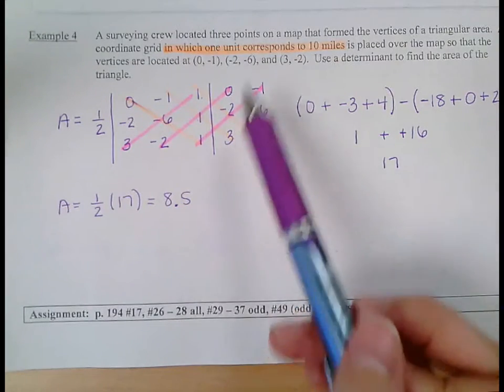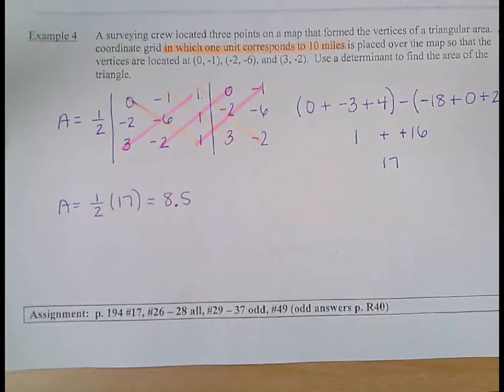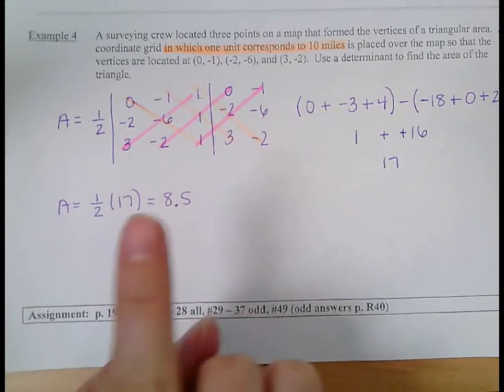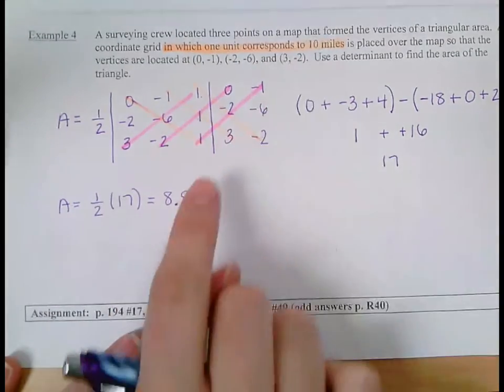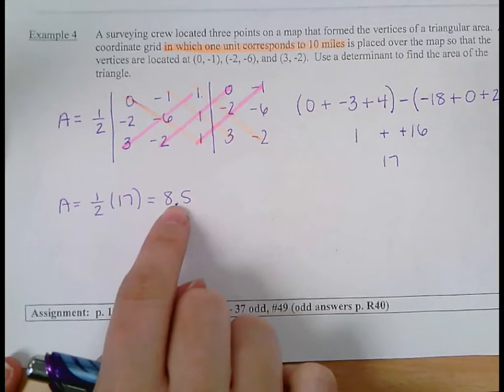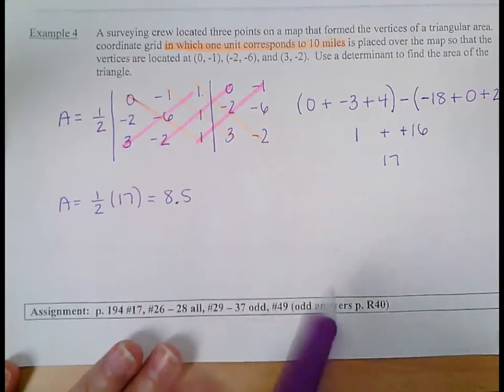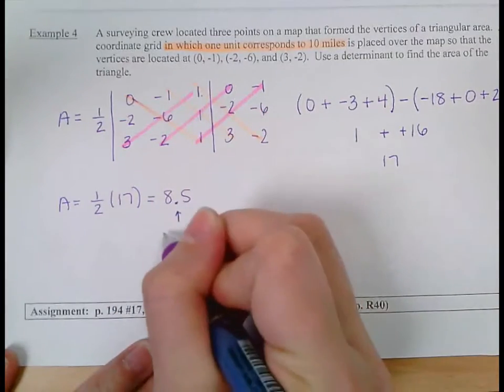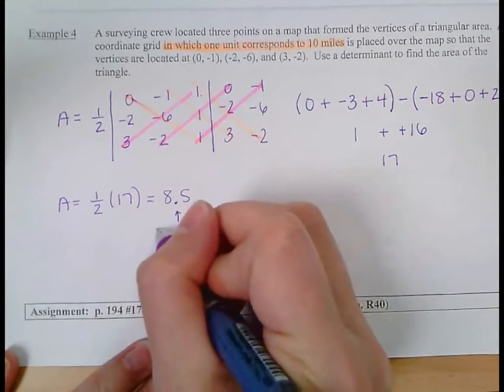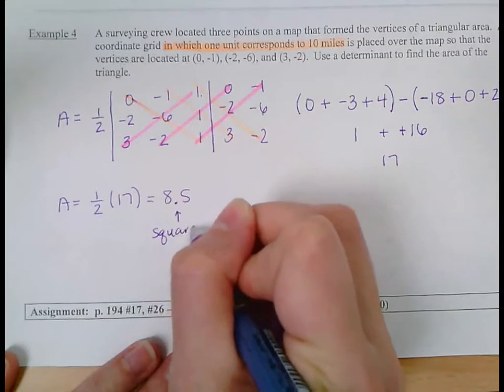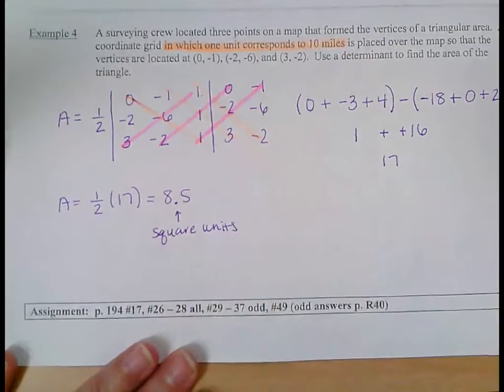However, this is a grid where 1 unit corresponds to 10 miles. So, a couple of things. I don't want to multiply this by 10 because the 8.5 right now is an area, which means it's measuring square units or units squared.